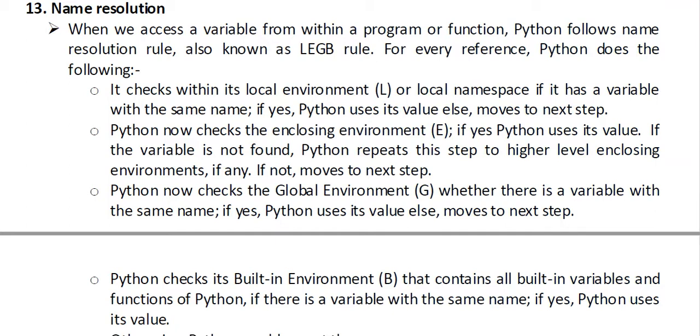Whenever you have a name to be accessed or printed, Python goes through these 4 checks. First, the local environment, then outside it the enclosing environment, then outside it the global environment, and outside it the built-in environment, meaning the environment of Python itself. If it finds the value, it will be printed. Otherwise, you will be presented with an error. Clear?